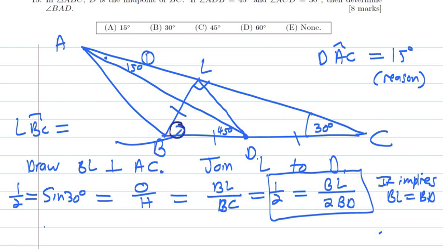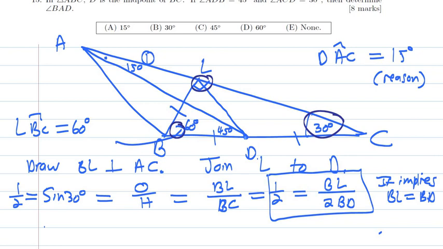So this angle plus this angle plus this angle must add up to 180. So yes, Richard, this angle is 60 degrees, because 90 plus 30 plus something must add up to 180. Can I get smiley faces that you guys are with me? Yes. All right, so this is 60 degrees.